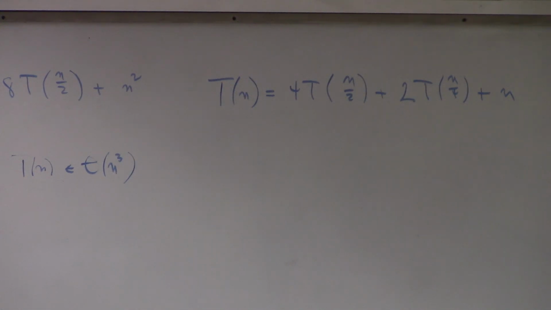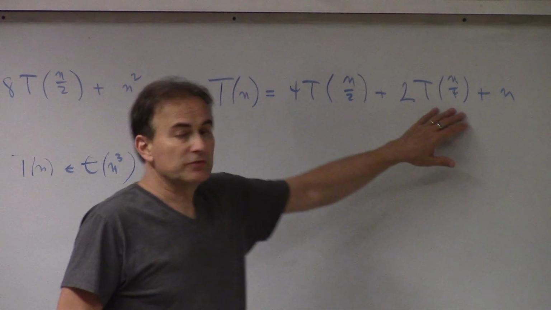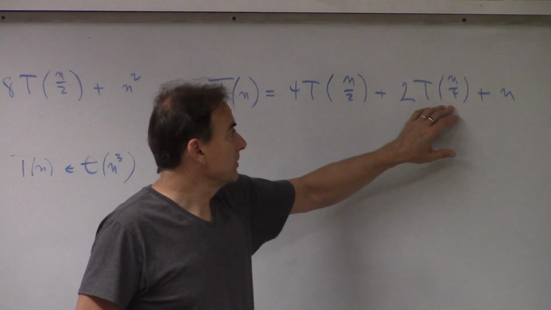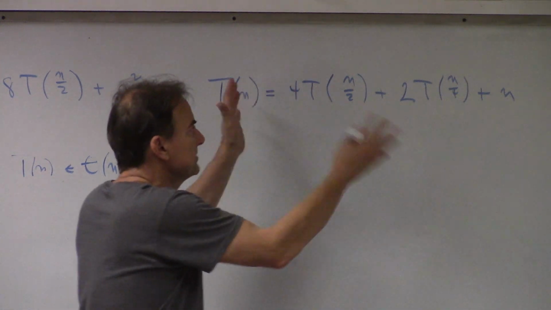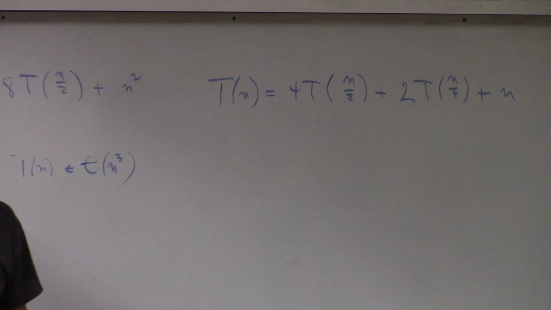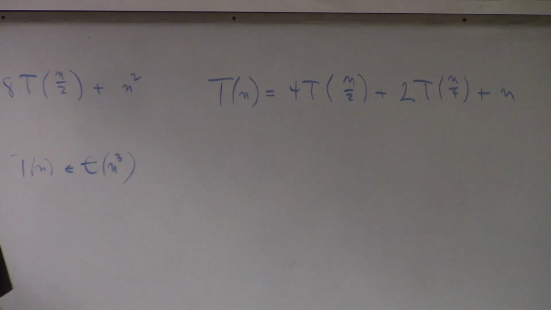Now, is this something that we can solve by Master theorem? No. What's the problem? Well, the problem is that there are two recurrences and they're different. So this is n over 4, this is n over 2. If this was 2T of n over 2, you could simply say this is going to be 6T of n over 2. But this is not solvable directly.